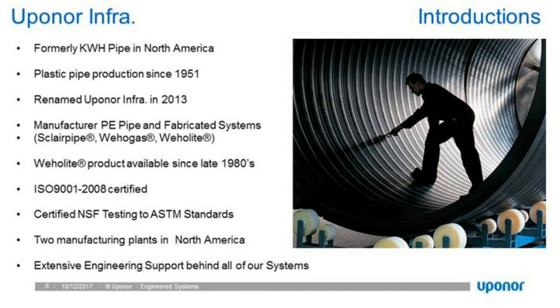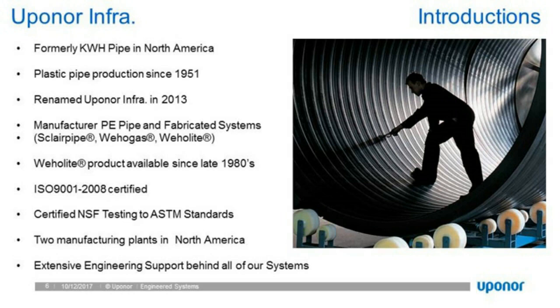Prior to jumping into the main part of the webinar, on culvert rehabilitation, we'd like to give you a brief overview of Weholite and its applications. Since we have both U.S. and Canadian attendees, we'll be making reference as much as possible to both imperial and metric measurements. And if we miss out on that, please don't anybody feel offended.